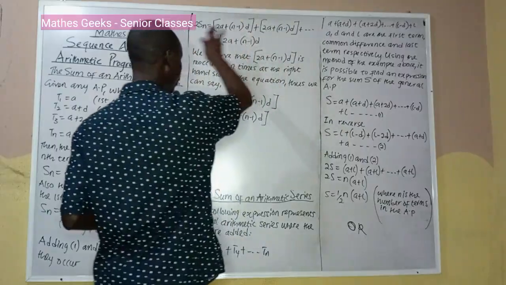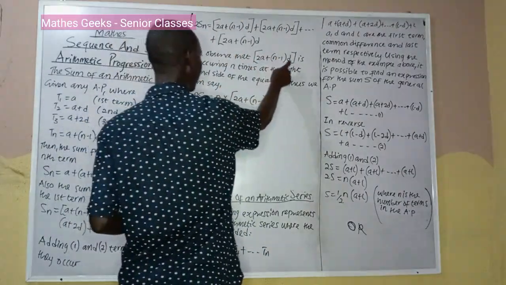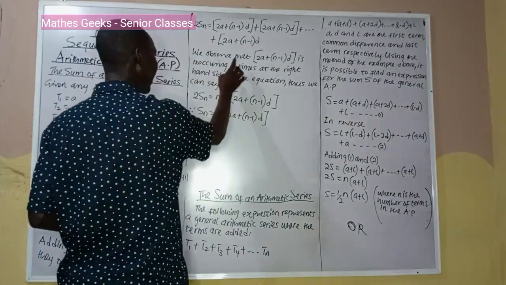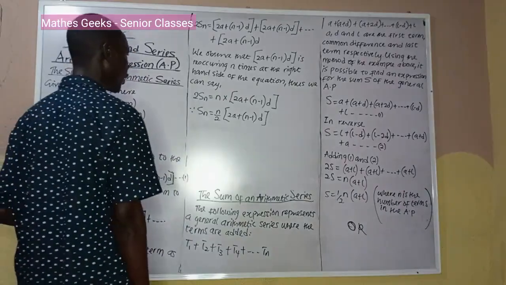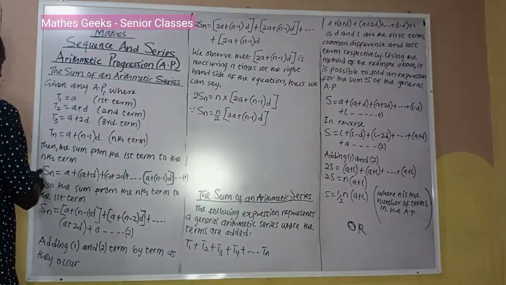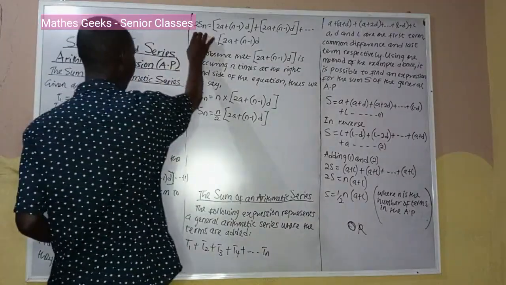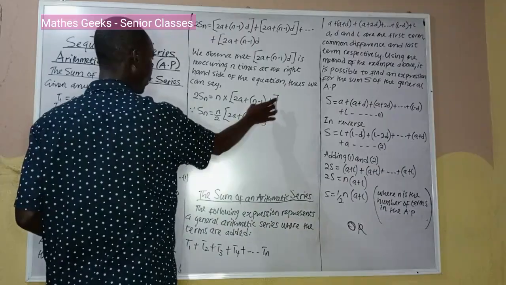So it's going to continue till the last term. So we observe that 2a plus (n minus 1)d is reoccurring n number of times on the right hand side of the equation. Thus, we can see that Sn plus Sn, which gives us 2Sn, is equal to n times (2a plus (n minus 1)d).